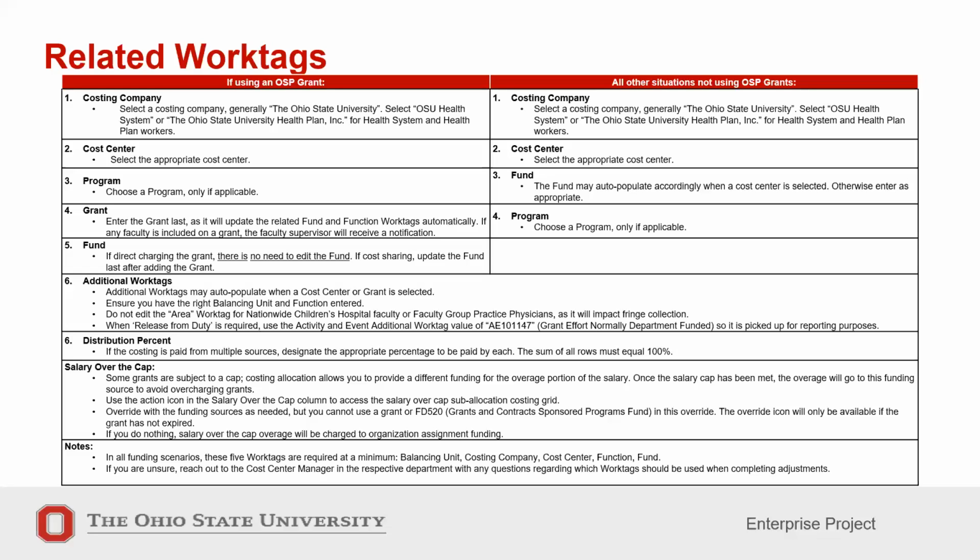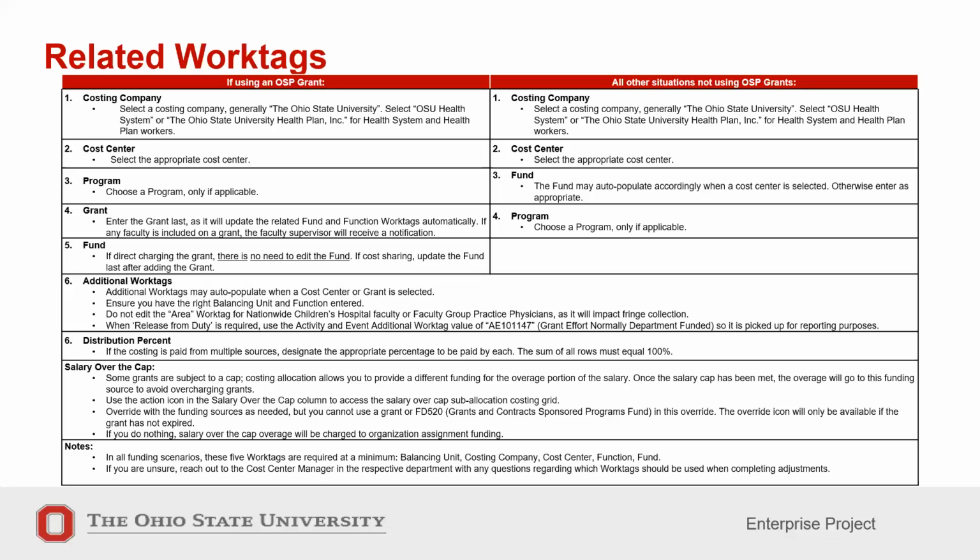The costing company is not going to be on most of your financial operational transactions, but if we had an OSP grant that we were going to use, you would want to enter the cost center, then any programs you might have, and then the grant. Then you could do fund and additional Worktags.